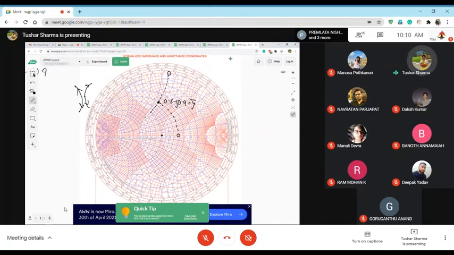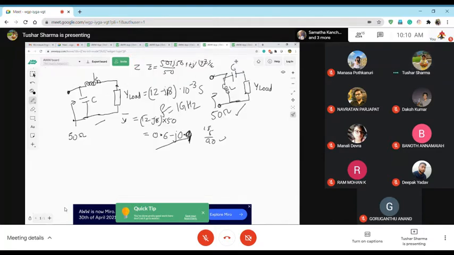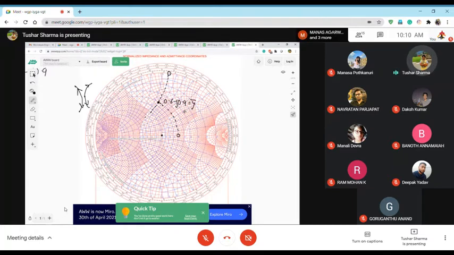First element जो है मेरा impedance के बाद, that is a series element. In both cases it's a series element. Either it is a series C or it is a series L. Okay, तो अगर series element है, so I will move on what? Constant R circle. Okay, because it's a series element, but we don't know whether it is series L or it is series C. कुछ भी हो सकता है.